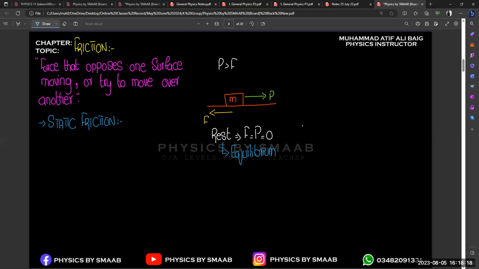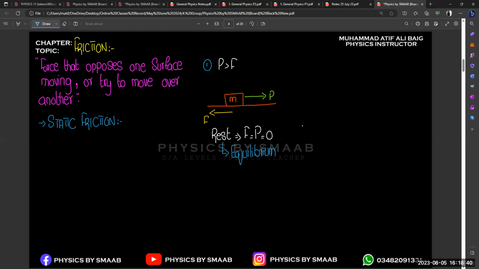And suppose we apply the condition that P is slightly greater than F. Then we have just passed the maximum value of friction, right? Because if we don't overcome the value of the friction, the block is not able to move in the direction of P. It will remain in the same position, just like the equilibrium state.